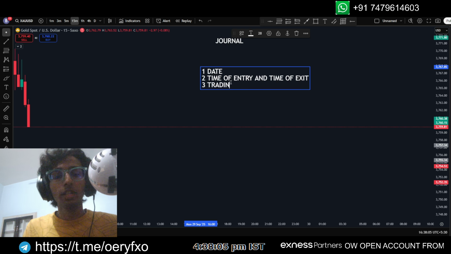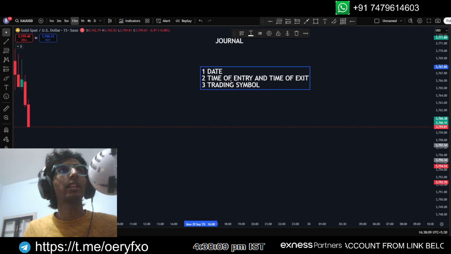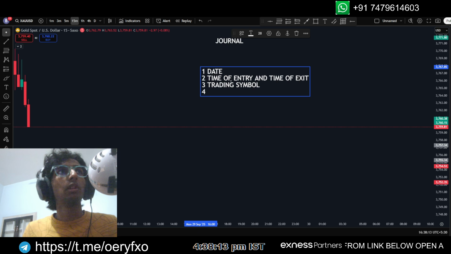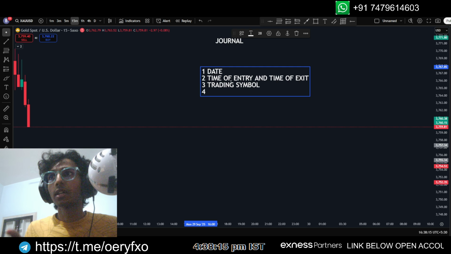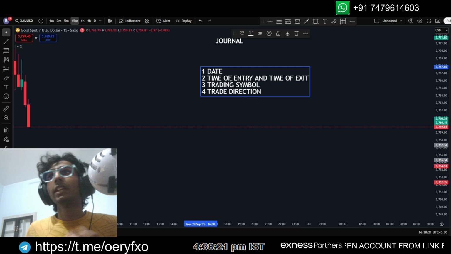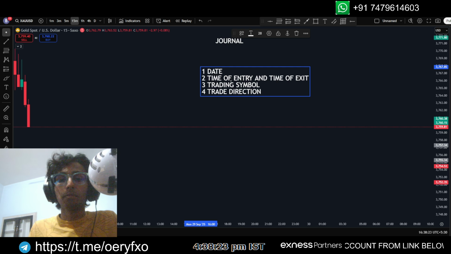Third is the trading instrument, just the symbol, whatever pair you're trading. Fourth will be trade direction. What I mean by that is either buy or sell.